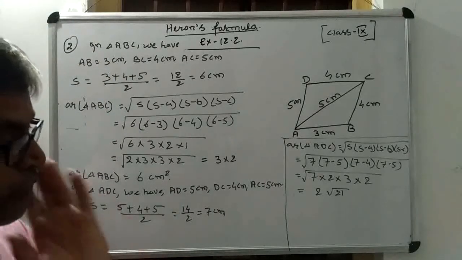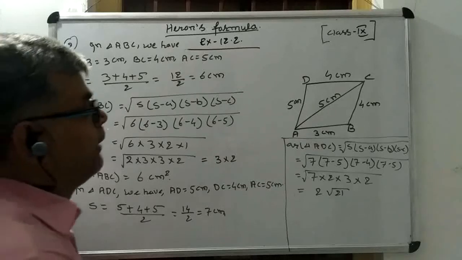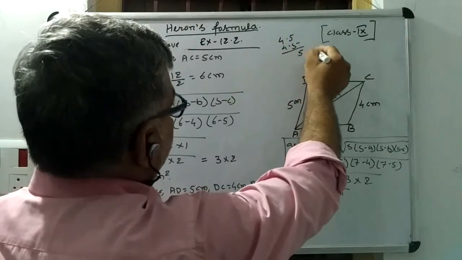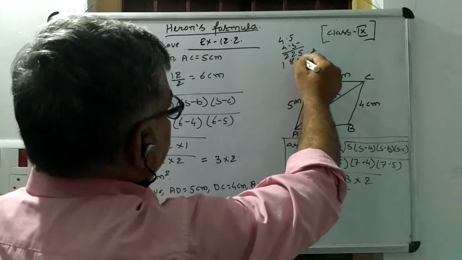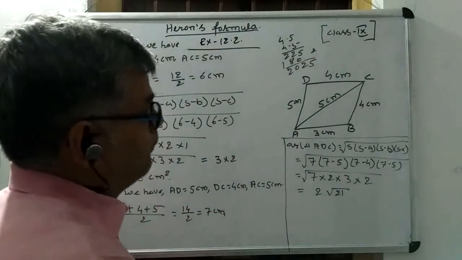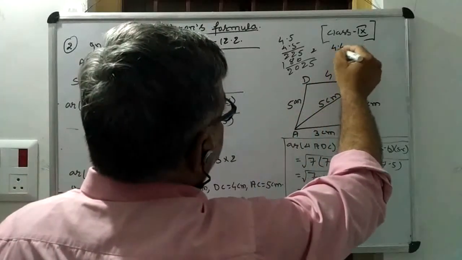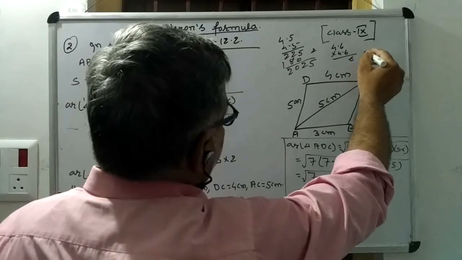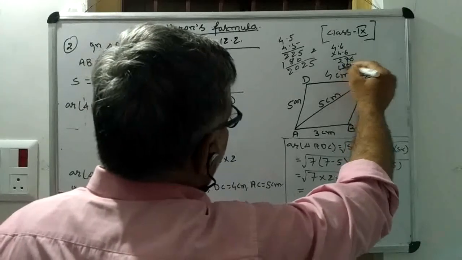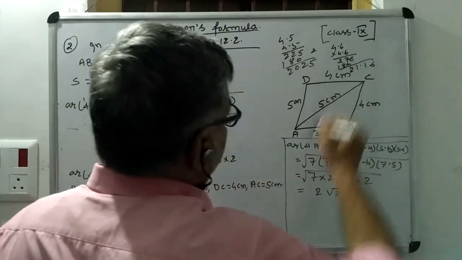To get the square root of 21, I think it will be around 4.5. 4.5 into 4.5 is 20.25, and 4.6 into 4.6 will be 21.16.